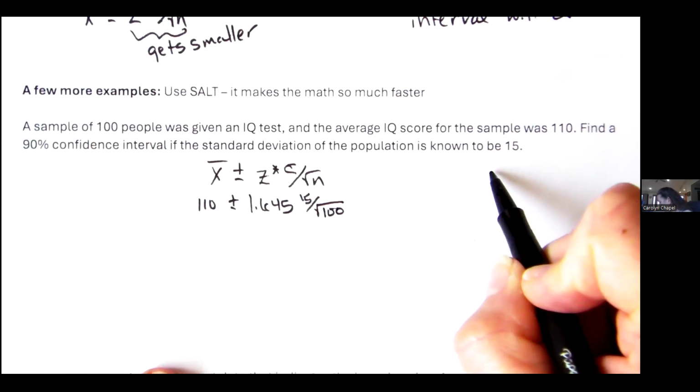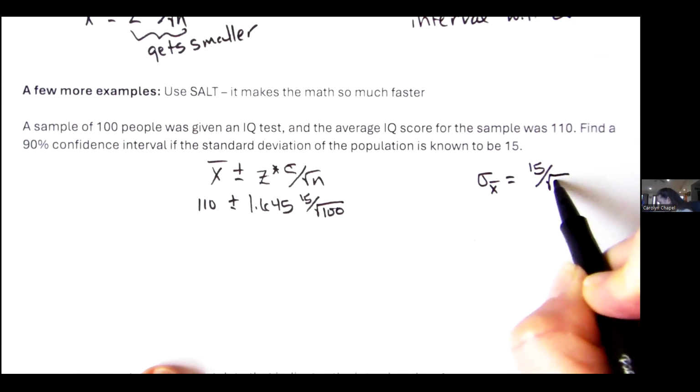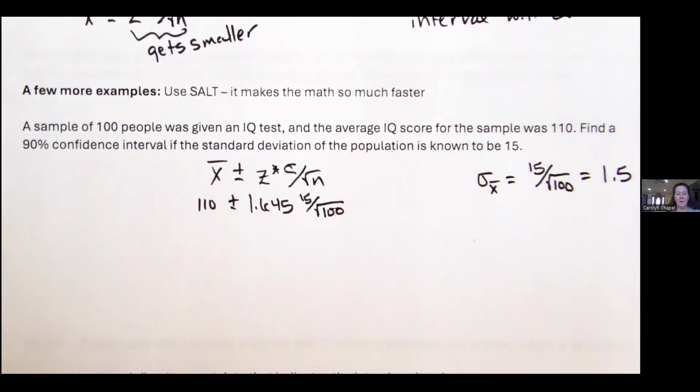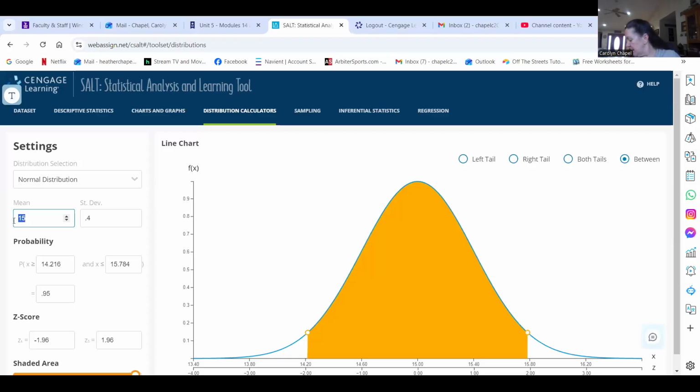Okay, but I will need that standard error because I need to put that into SALT. So I get 1.5. Okay, and I'm going to go to SALT and do it instead of using my calculator. The mean of my distribution is the mean that I got, that average, which was 110. We had a standard error, or standard deviation of our X bars, of 1.5.